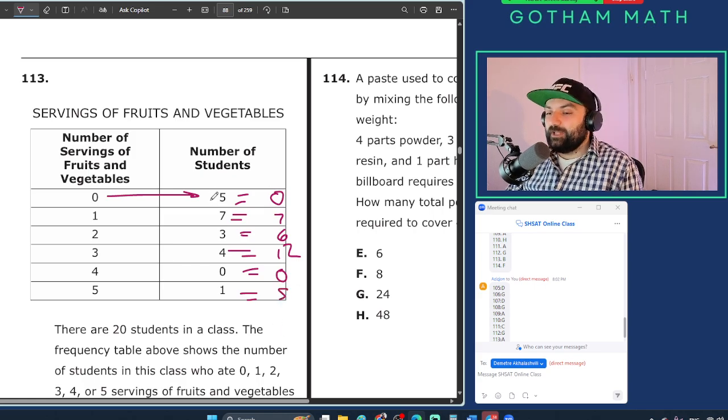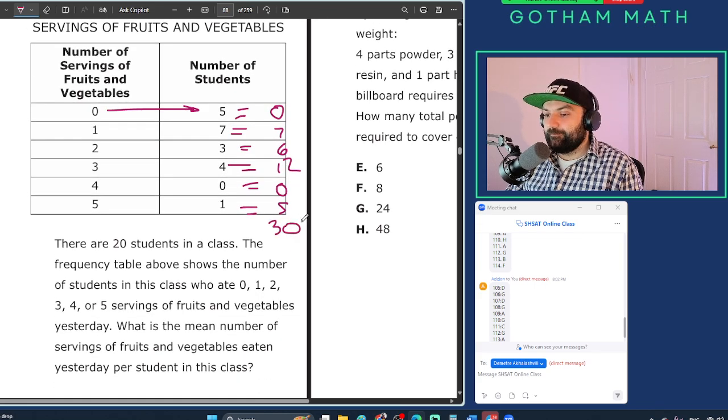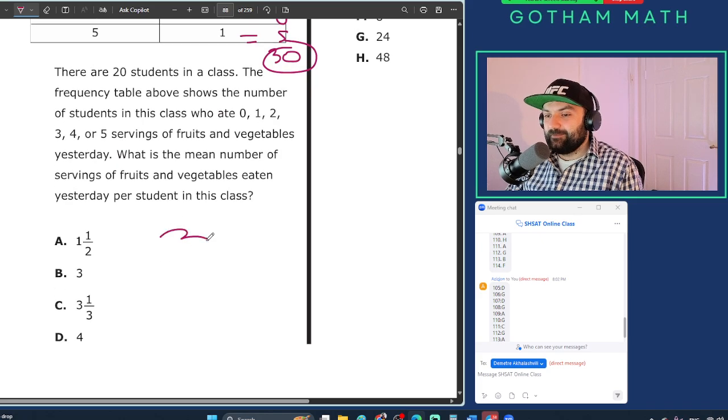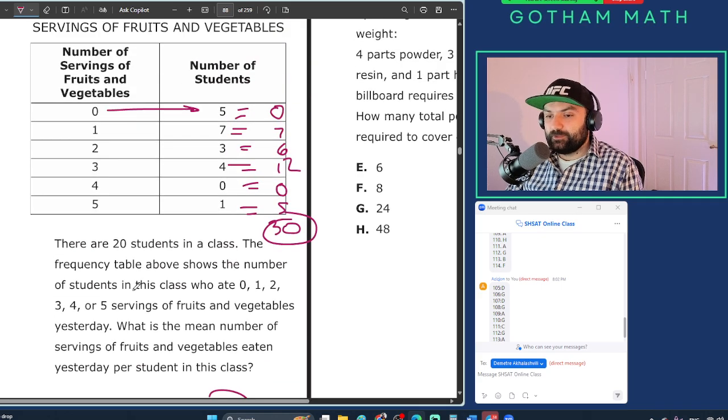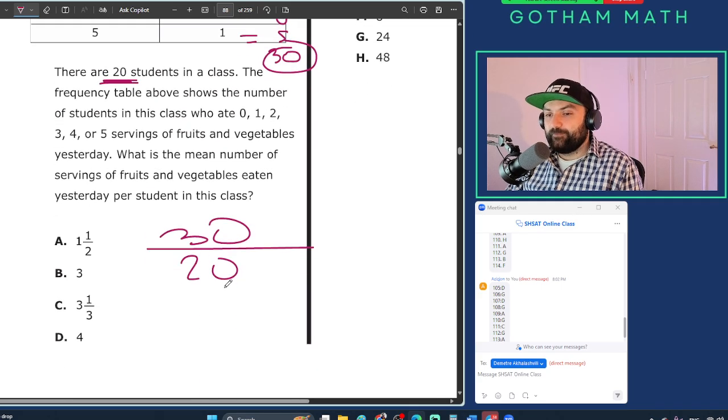You add all of them and then divide by how many? So 7 plus 6, 13 plus 12, 25 plus 5, 30. 30 we're going to have to divide by what? 20 students. So it's going to be 3 over 2, which is 1 and 1/2.